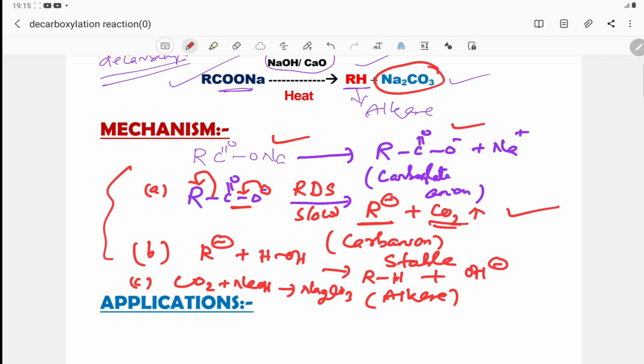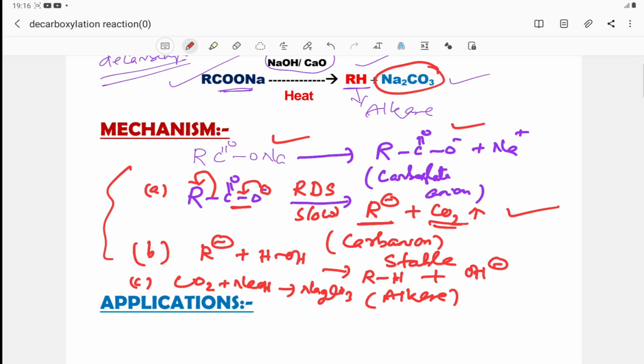The reaction mainly takes place in presence of soda lime, that is sodium hydroxide and calcium oxide. Here you see the role of calcium oxide: it helps to fuse the sodium hydroxide during heating. Heating is necessary; without heating you can't get alkane.